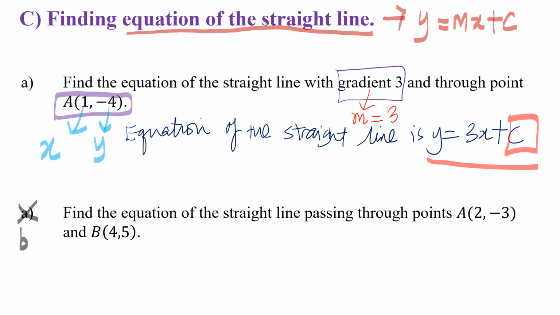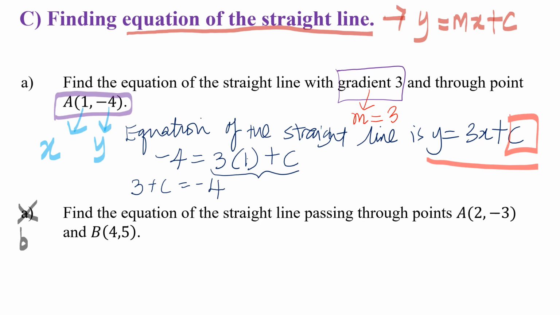So we're going to substitute y to be -4, equals 3 bracket x to be 1 plus c. Because I'm supposed to find c, I'm going to put it on the left hand side. So 3 times 1 is 3, so I got 3 plus c equals to -4.